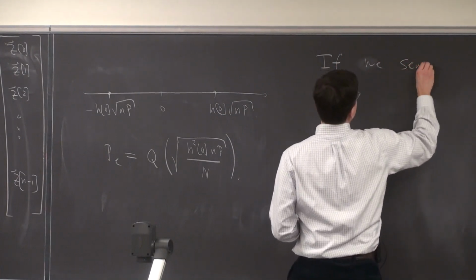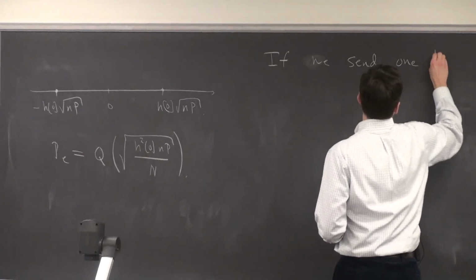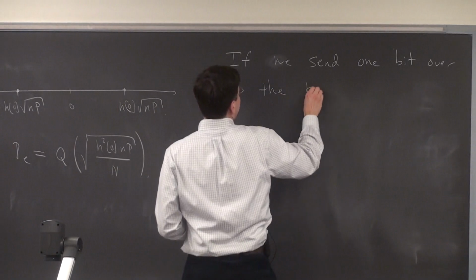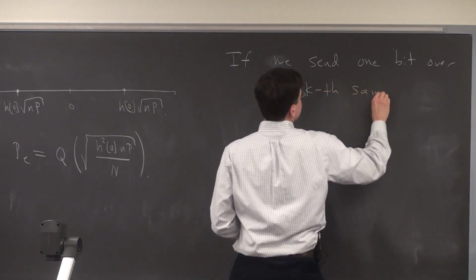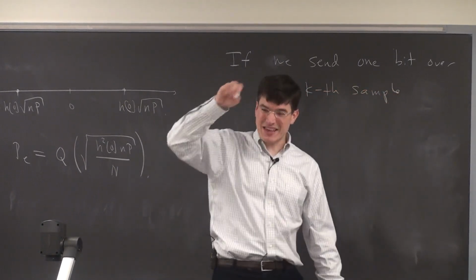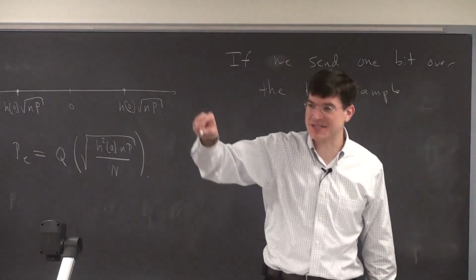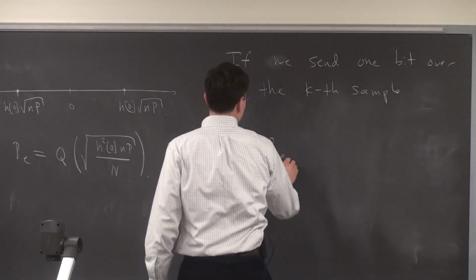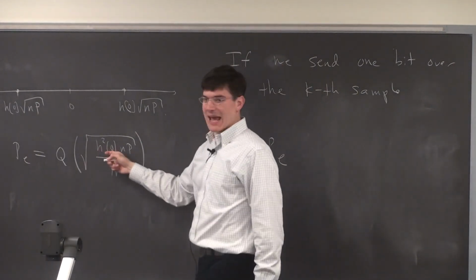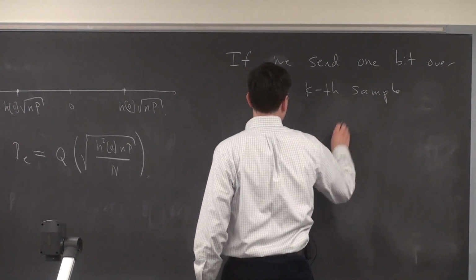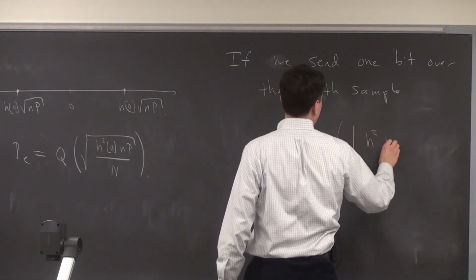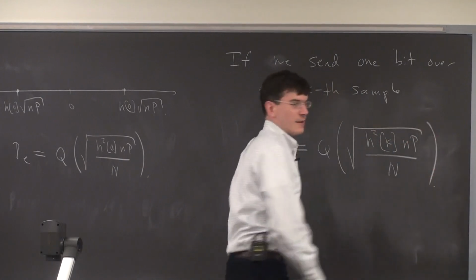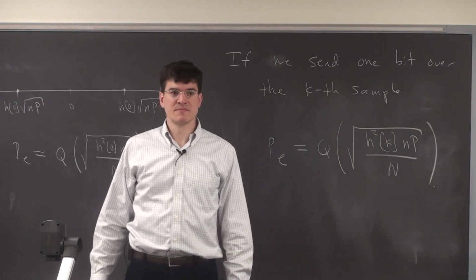If we send one bit over the kth sample instead, rather than the 0 sample. Suppose we use the kth sample in the wave file and we put all the energy on the kth sample and send the bit using the kth sample. The only thing that's going to happen is you're going to get hk here instead of h0. Go through the same reasoning.